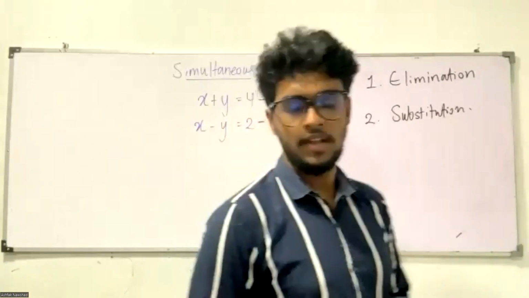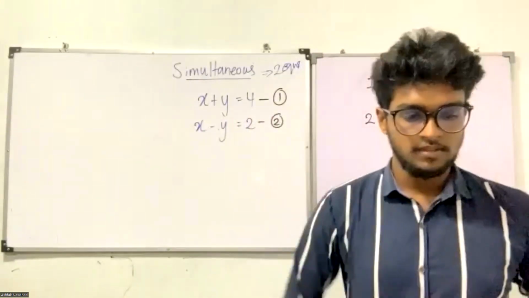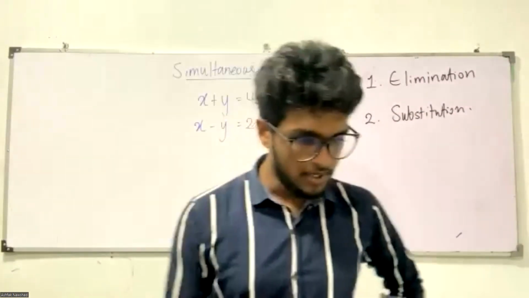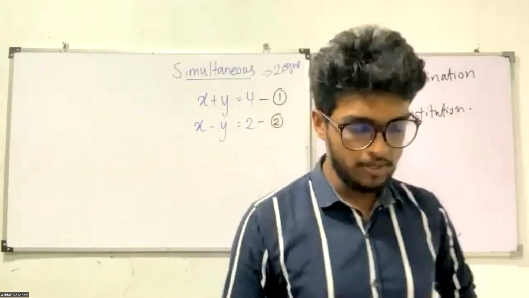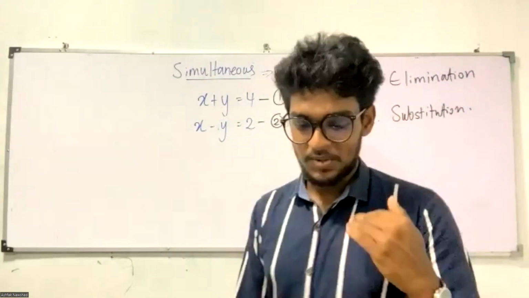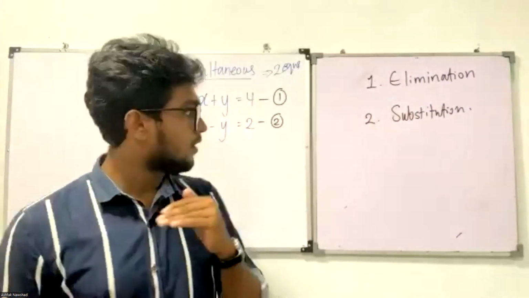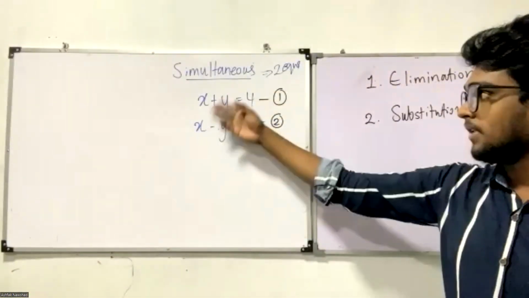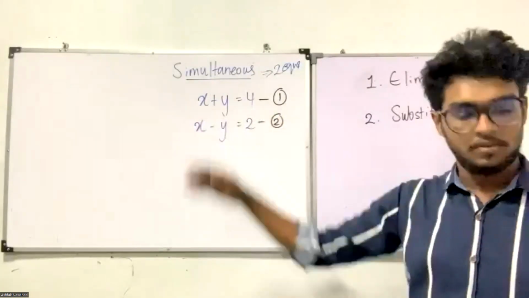Eliminating something? Yes, removing, putting out, exactly. So eliminating means we are going to remove that guy out of the equation. Here are two unknowns, and we are going to eliminate one unknown out of the equation.